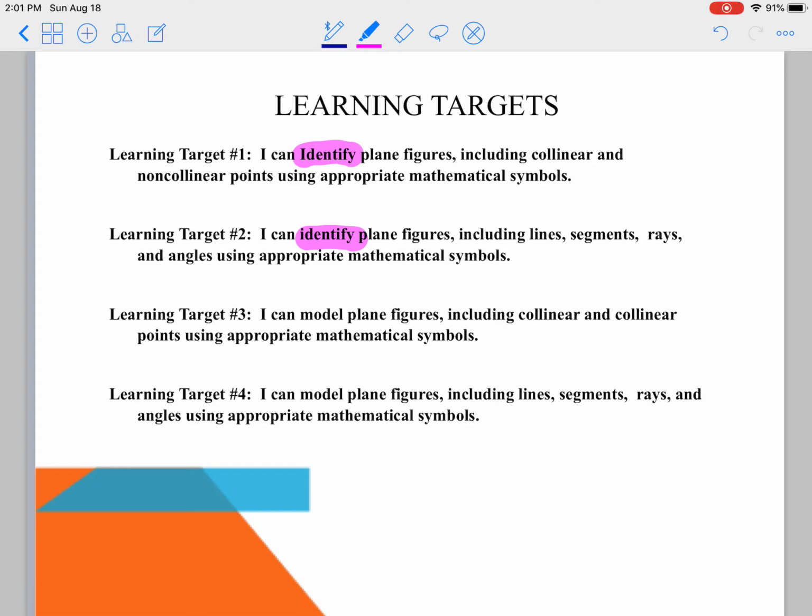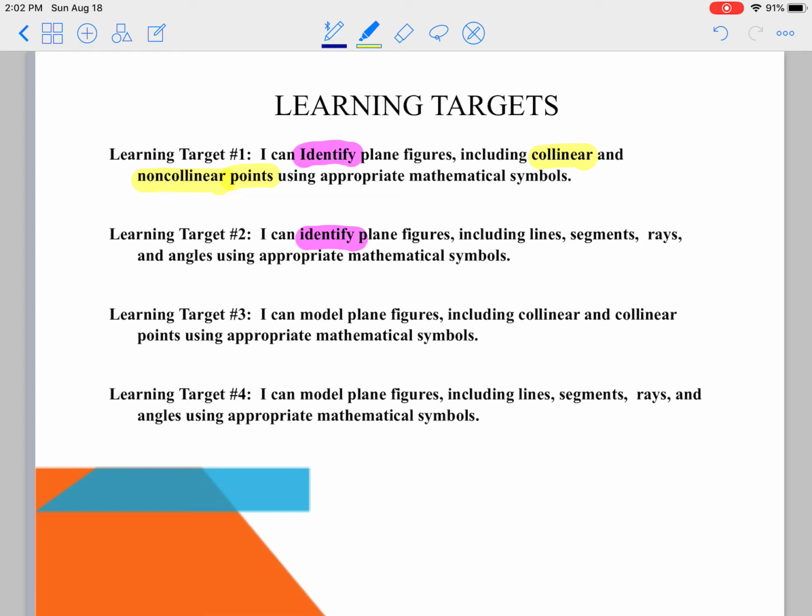That means given usually a diagram, and we'll work with diagrams quite a bit in geometry, can you identify particular aspects of it? And most of the time, these aspects are going to be revolving around vocabulary, words, and terminology. In this case, the terminology that we're going to learn is going to be collinear and non-collinear points.